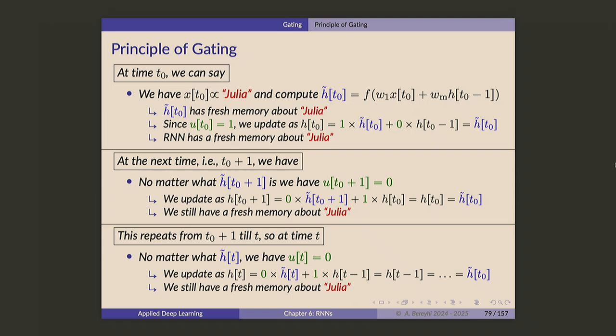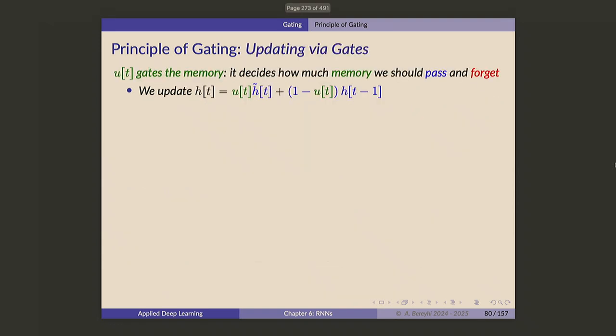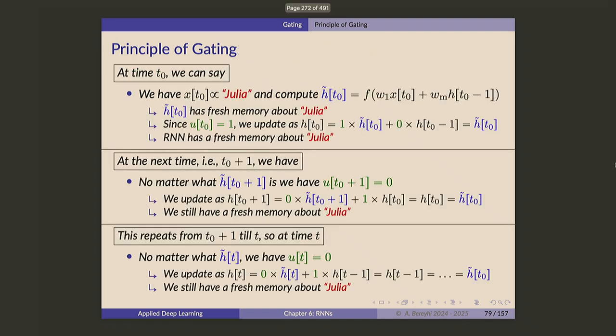Now, when I get to the time where I want to give the pronoun for the person in the sentence, my memory remembers Julia very clearly, and I can understand that it should be "her", not, for example, "his" or "its" or something else. Everybody's clear? You got the idea?